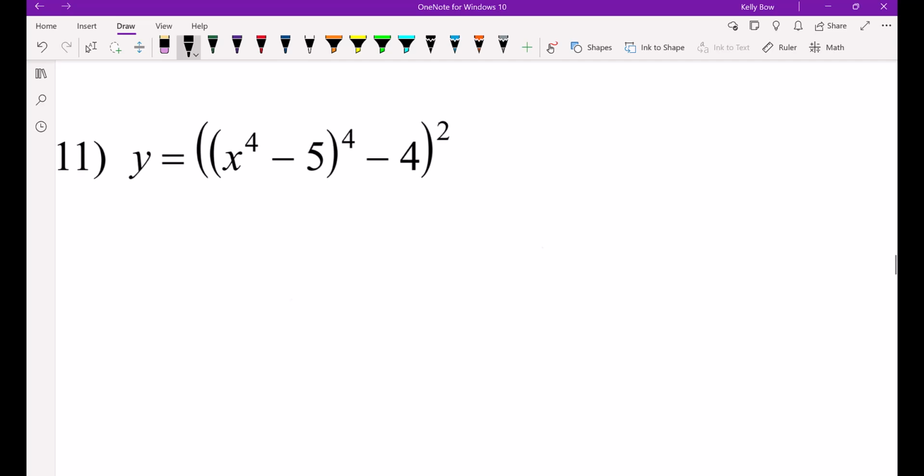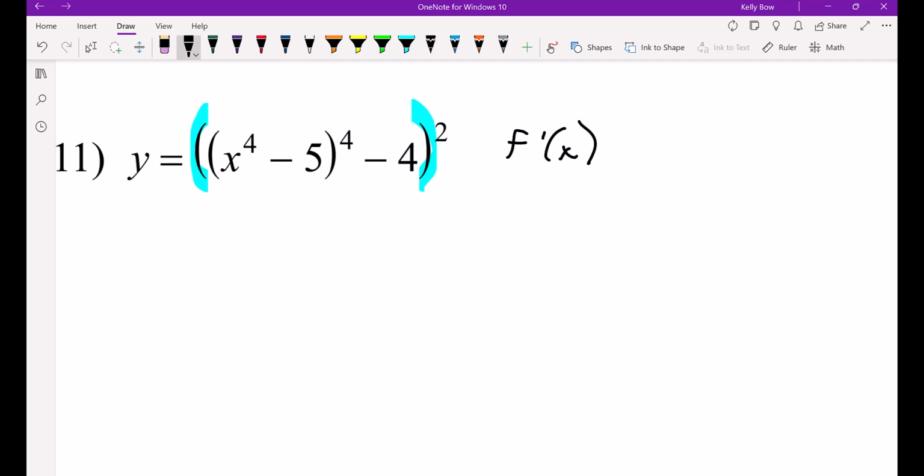So now we've got 2 things going on. We've got this outer function. So the f derivative is 2 times all that stuff to the first power. But then inside here, we've got another chain rule.